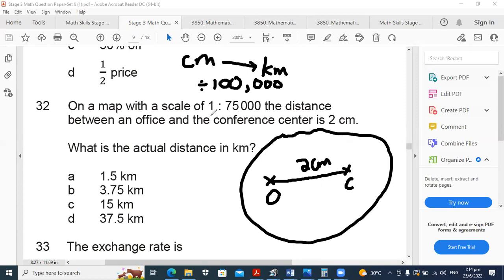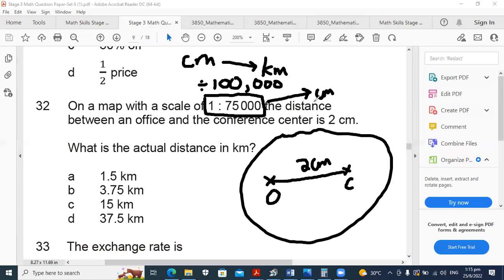Now, you may ask yourself, what does this mean, sir? It means that 1 centimeter anywhere on that piece of paper represents 75,000 centimeter in real life, in actual.